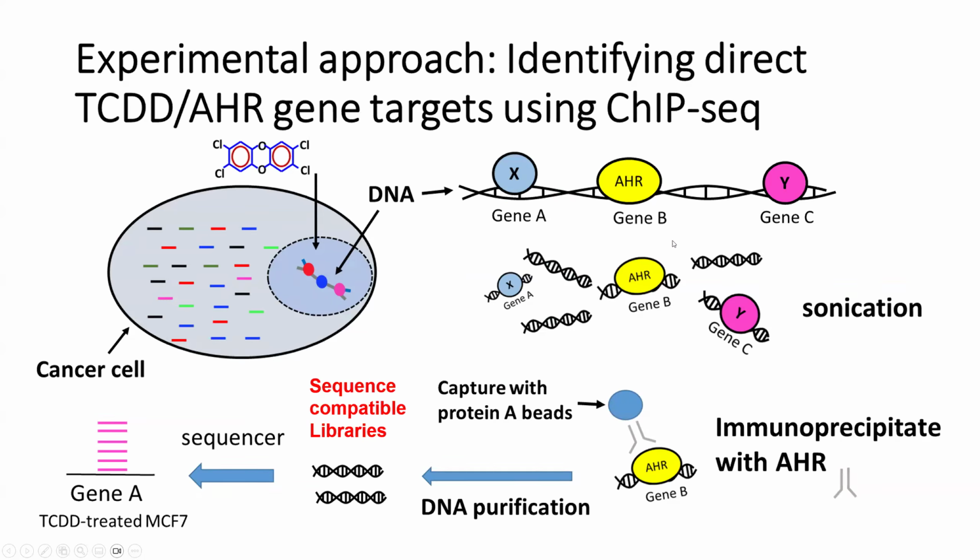What you then do is sonicate that, and you're interested in the sequence that the aryl hydrocarbon receptor is bound to, right? Then you immunoprecipitate with the aryl hydrocarbon receptor antibody and beads, and then you release these very specific pieces of DNA that come out with it, and then you build sequencing-compatible libraries. And you ask what genes are actually bound to the aryl hydrocarbon receptor.